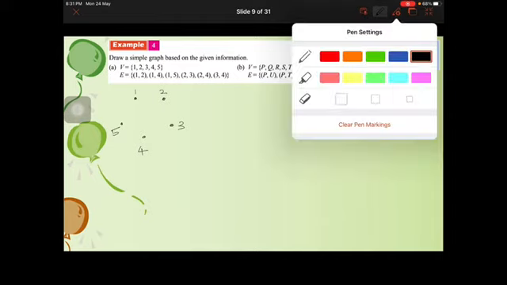Okay, then we have the edges. 1 connect with 2. Then, okay, we read one by one. 1 with 4, and then 1 with 5, then 2 with 3, 2 with 4, and 3 with 4.